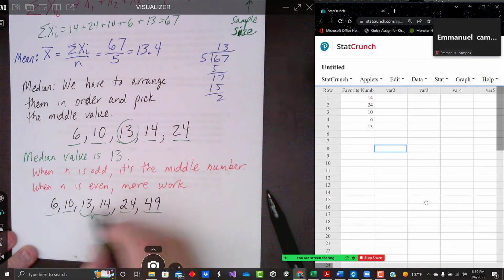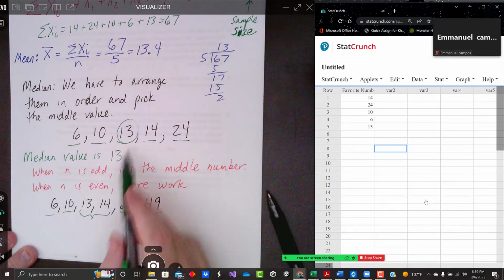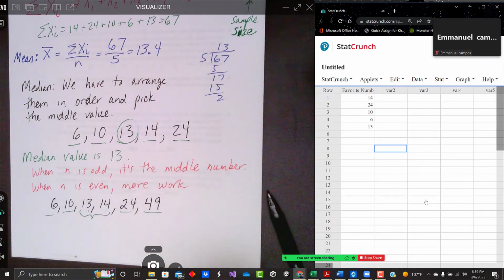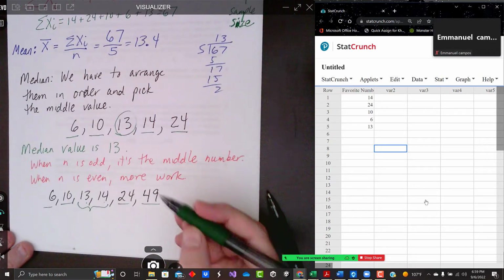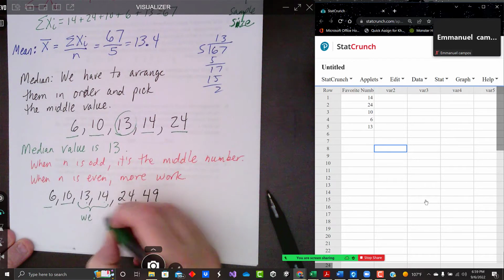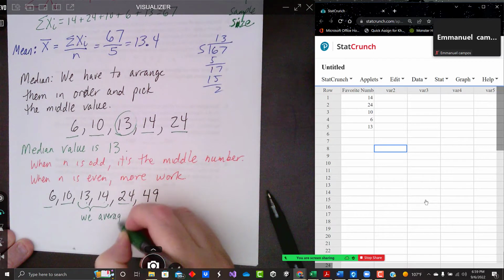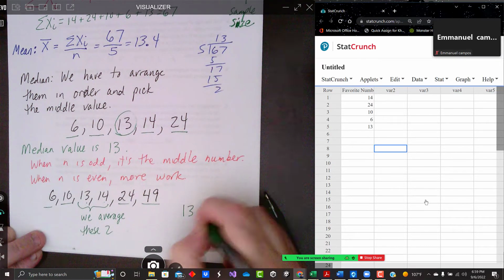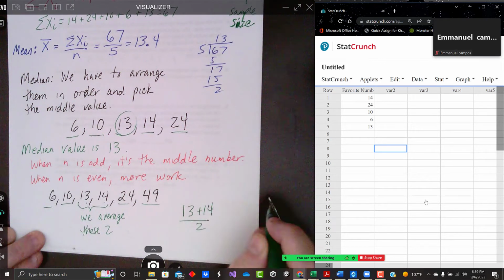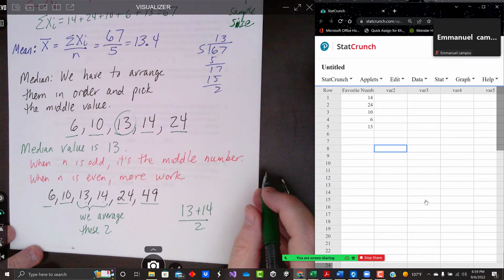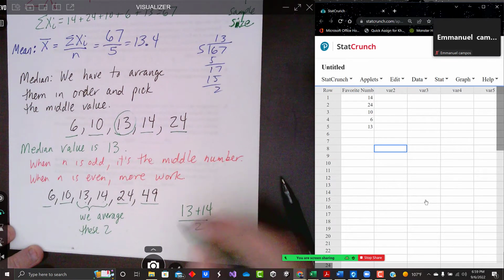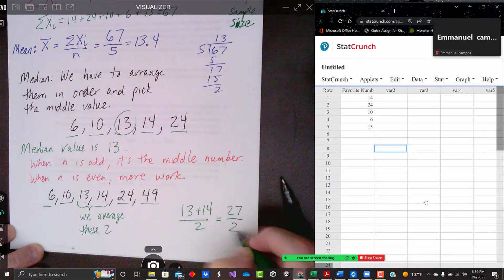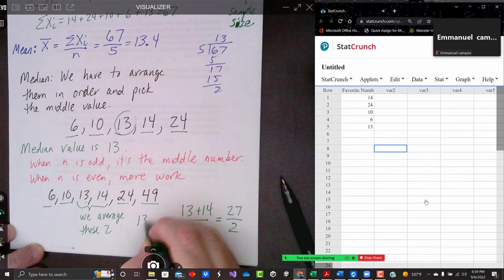But neither one is the direct center, like 13 was the direct center here. Both 13 and 14 are the middle 2 numbers. When it's even like that, we average these two, which means we add them up and divide by 2. This will get the middle value. This is 27 over 2, and that's going to get you 13.5.